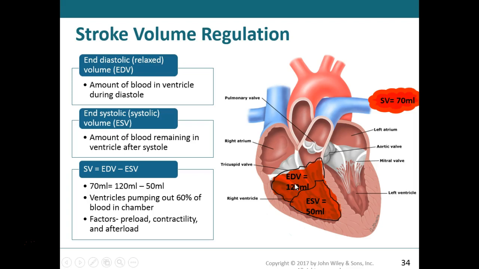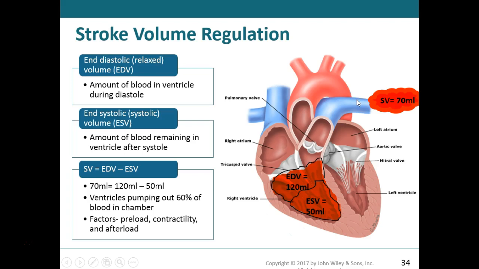Okay, it's relaxed, is about 120 mL. Your end systolic volume, contracting, is the amount of blood that's in the ventricle after systole, and that's about 50 mL. So if we started with 120, we still have 50. That means about 70 mL came out as the stroke volume, okay?